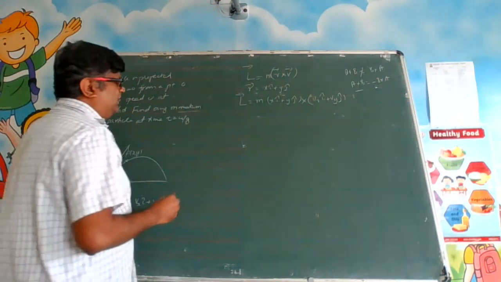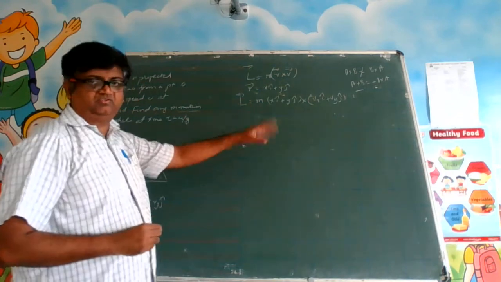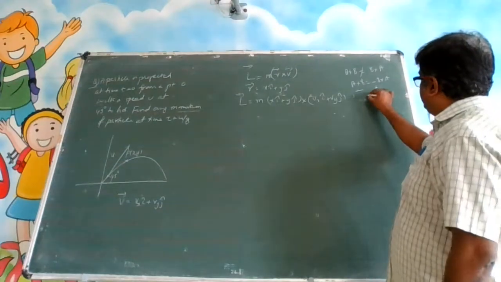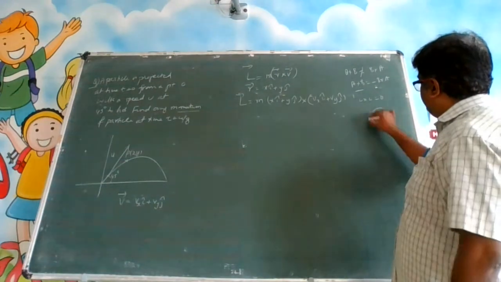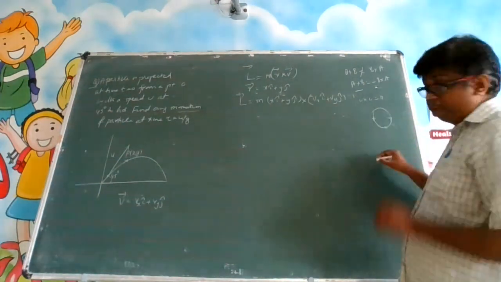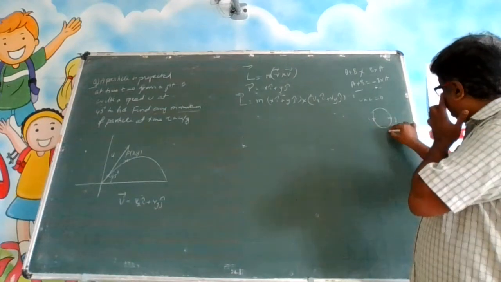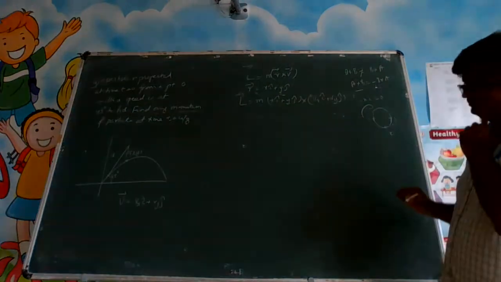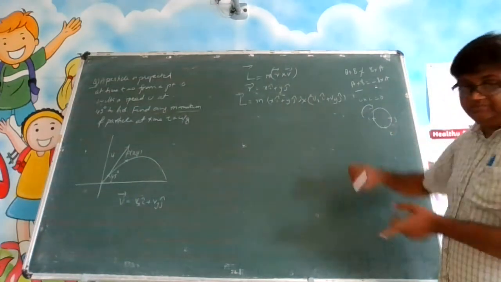Now after this you have to do basic cross multiplication. While doing cross multiplication you have to remember that i cross i is 0. I told you, this is i, j, k. Go in this fashion. i cross j will become k. j cross i will become minus k.